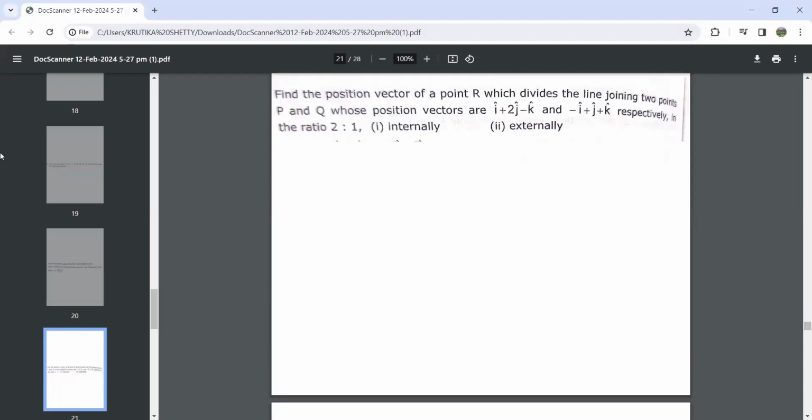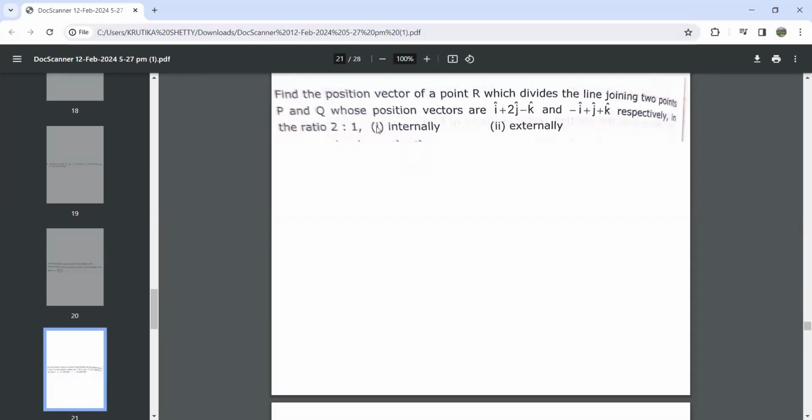See here, the given question is: find the position vector of R which divides the line joining two points P and Q, whose position vectors are i cap plus 2j cap minus k cap and minus i cap plus j cap plus k cap respectively, in the ratio 2:1 internally and externally.